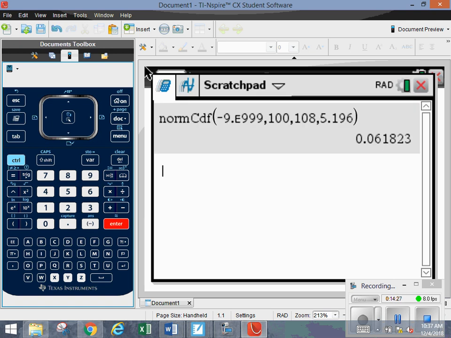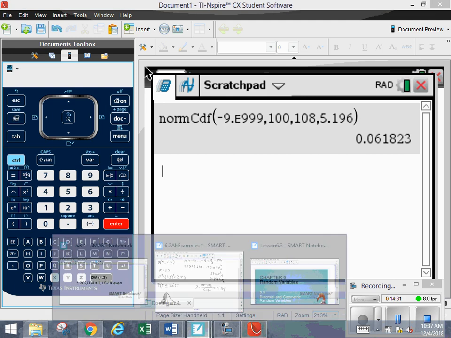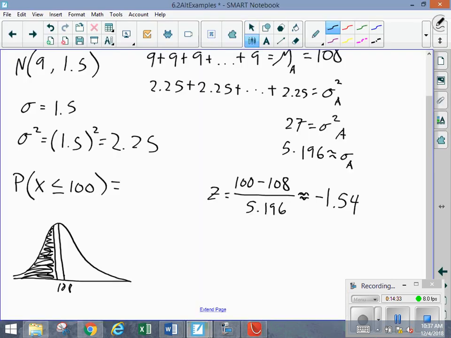So we get a probability of approximately 0.062. All right. Question answered.